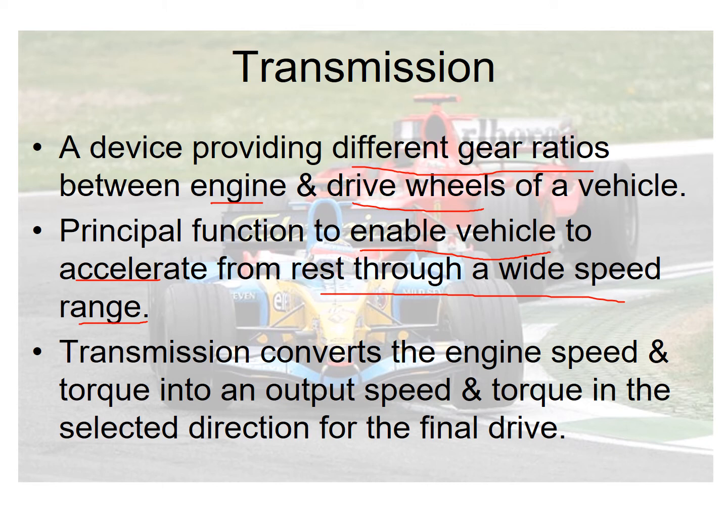So the engine can be used during low rotation and also high rotation, and it can be used with various speeds. Okay, the transmission converts the engine speed and torque into the output speed and output torque in the selected direction for the final drive. So the transmission also can make you reverse a vehicle, so that is the importance of the transmission.